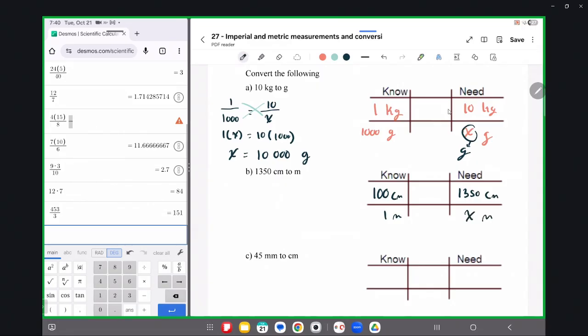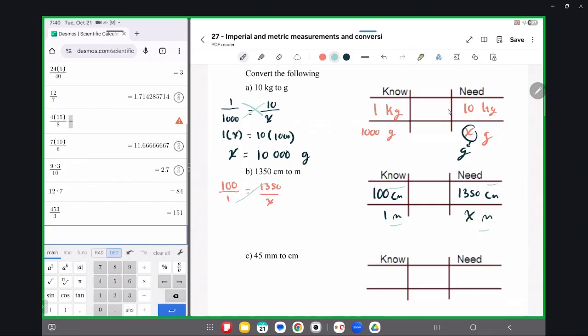That's okay. We did this right because the bottoms both say meters and the tops both say centimeters, and if the reverse was true, that's also fine. So we're going to set up our ratio. It'll be 100 over 1 is equal to 1,350 over x.